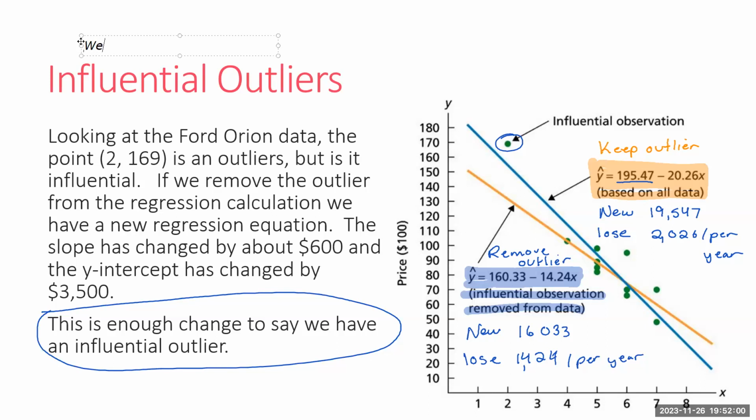So without the outlier, the equation modeling the value of an Orion changes a lot.